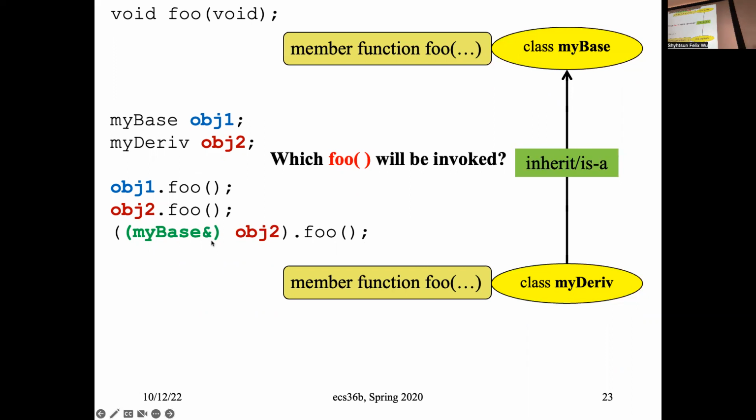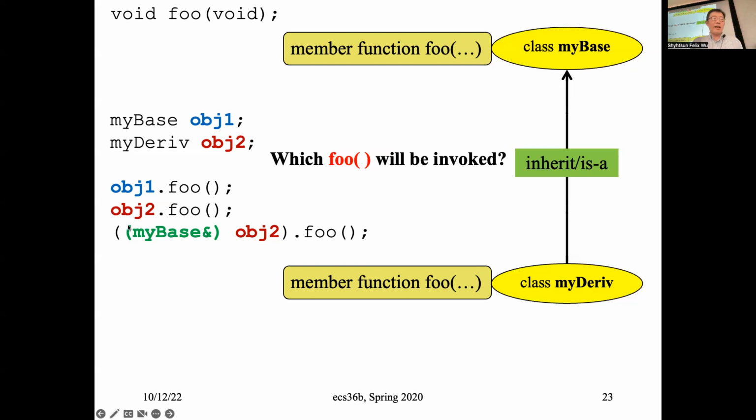So casting is a way for me to move up or move down. When I cast, it can move up, it can move down. So later, for your homework assignment number 3, you will know sometimes casting could be dangerous. If you're a C programmer, you probably know that sometimes casting will have some unexpected behavior. So usually, you have to be careful.